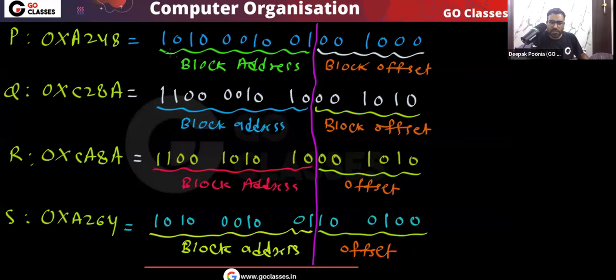Notice one thing: P comma S belong to the same block. 1010 001001, here also 1010 001001. Did you notice that P and S belong to the same block? But Q belongs to some other block, and R belongs to some other block. So basically there are three blocks. Do you agree with me? So what we have seen is that P and S belong to the same block. Like this is your block.